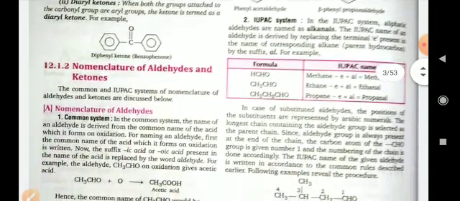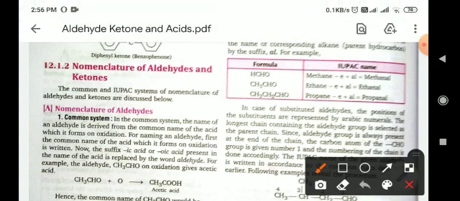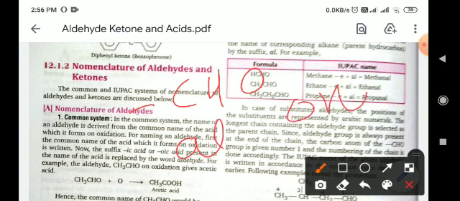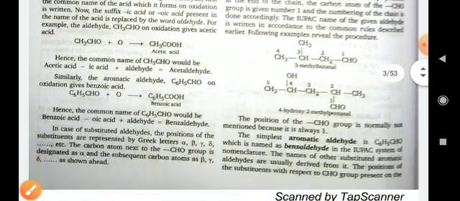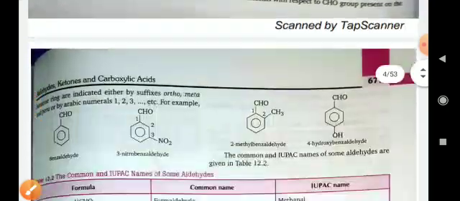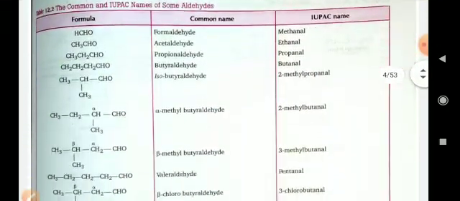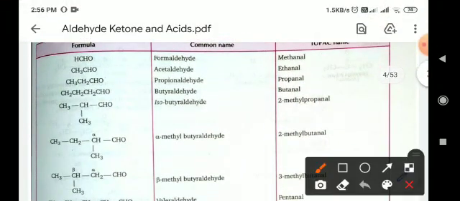Now come to the nomenclature of aldehydes and ketones. For CHO, the aldehyde group, we use the suffix al, and for ketones we use the suffix one. Here are some examples and their IUPAC names. HCHO, commonly known as formaldehyde, has the IUPAC name methanal because there is one carbon.